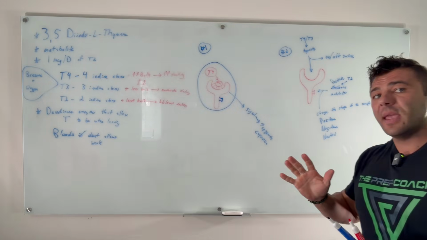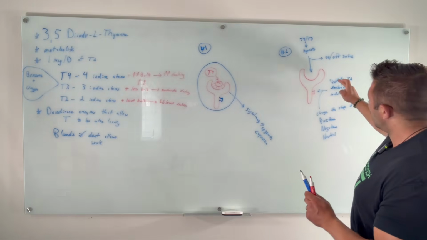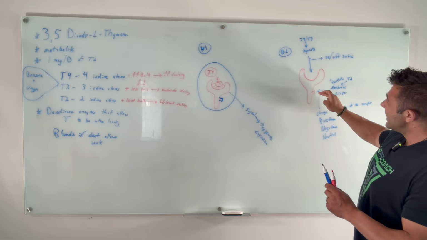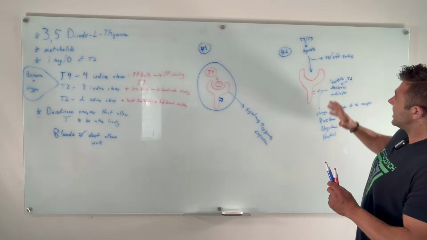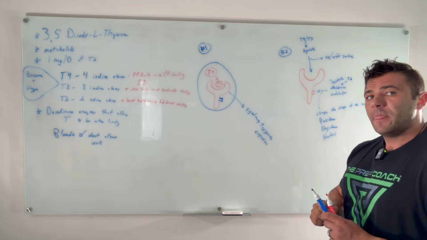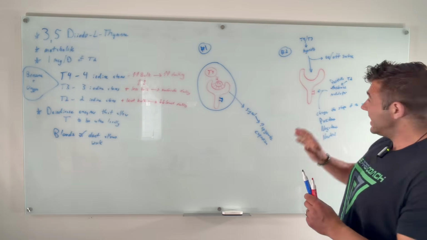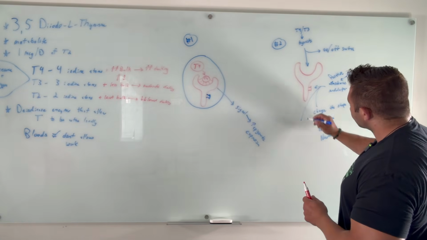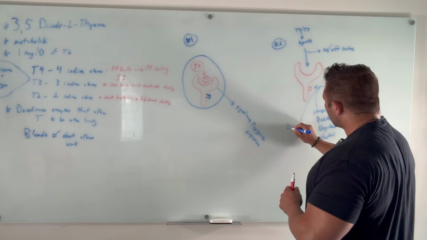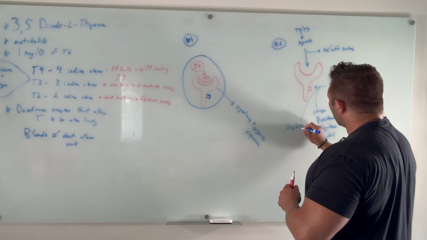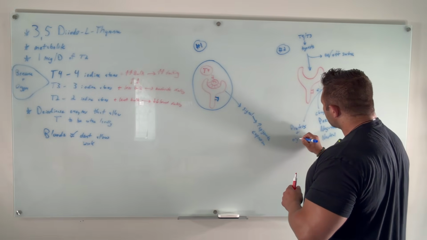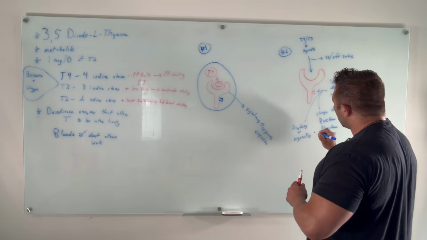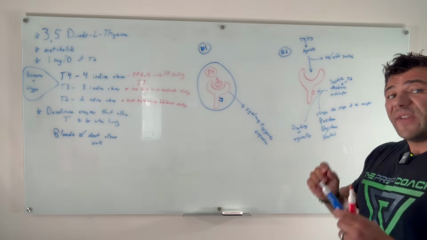So it's coming in via a different route to turn on this receptor to cause downstream effects. Now, technically, if we're looking at T2, it is going to be interacting really with other proteins and different organelles, which is very different.